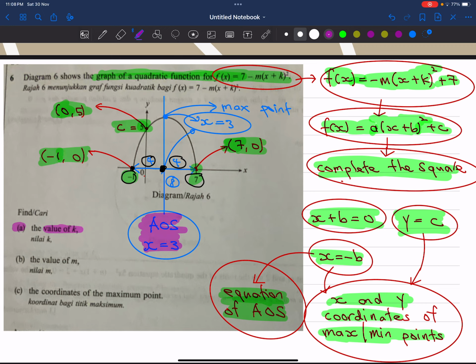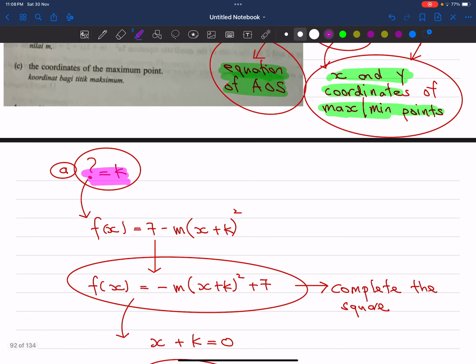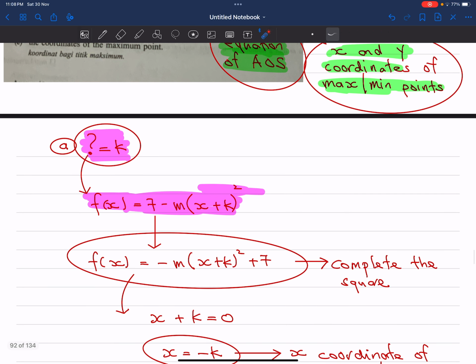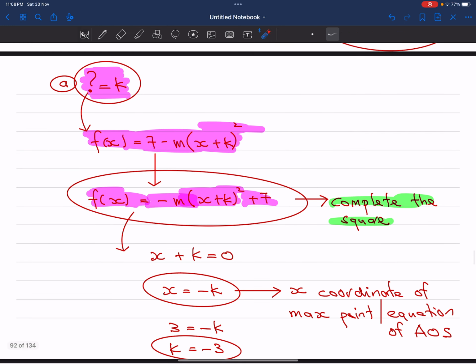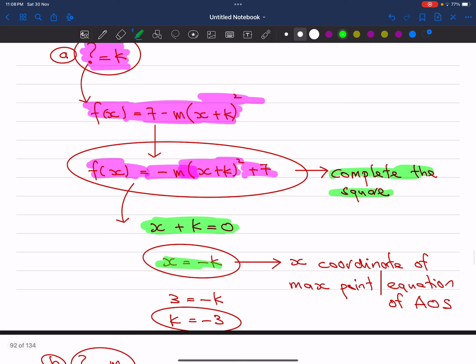Now we start part A. Find the value of k. As usual, we start from what they ask. They are asking k. I go to the quadratic function, which has the k, and I exchange the places of the 7 and the m term, so f(x) equals negative m (x plus k) squared plus 7. And don't forget, this is complete the square, whereby if I go inside the brackets x plus k and make it 0, I will get x equals negative k.